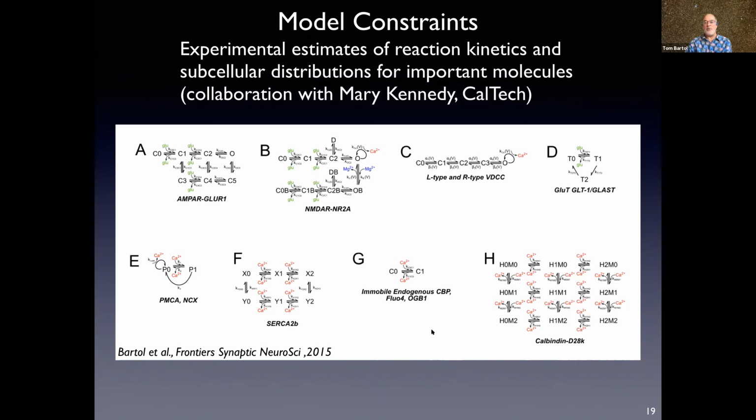Okay. So when we publish a model, and we have published this model in Frontiers in Synaptic Neuroscience in 2015, this model is in CellBlender, and the way Blender works internally is everything is a database inside.